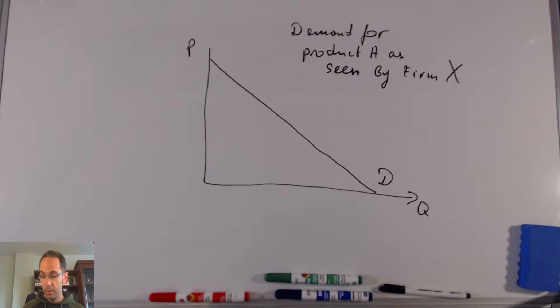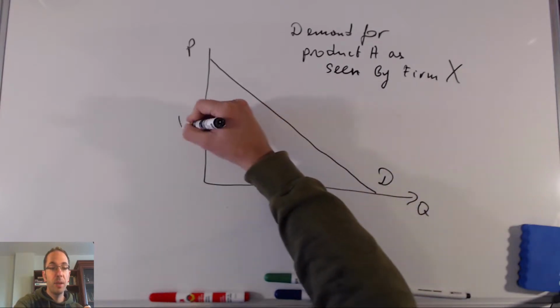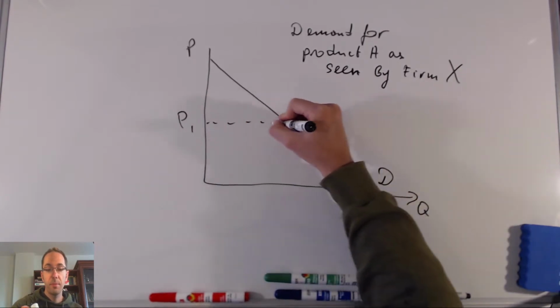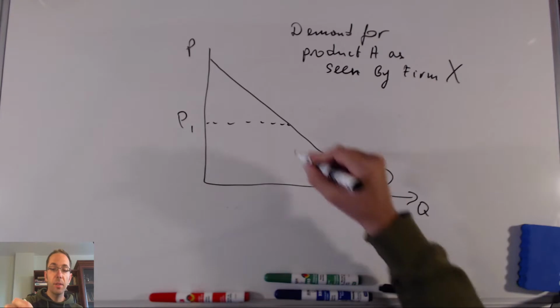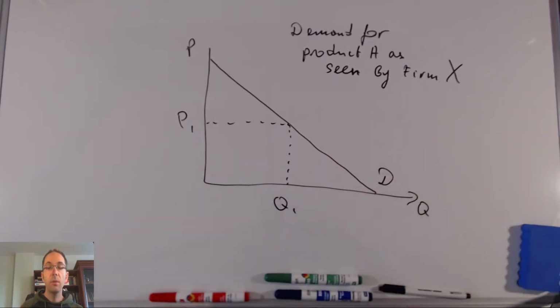And let's assume that this firm is selling at the price P1. And at the P1 we can immediately see that Q1 will be the number of units that the firm is selling.